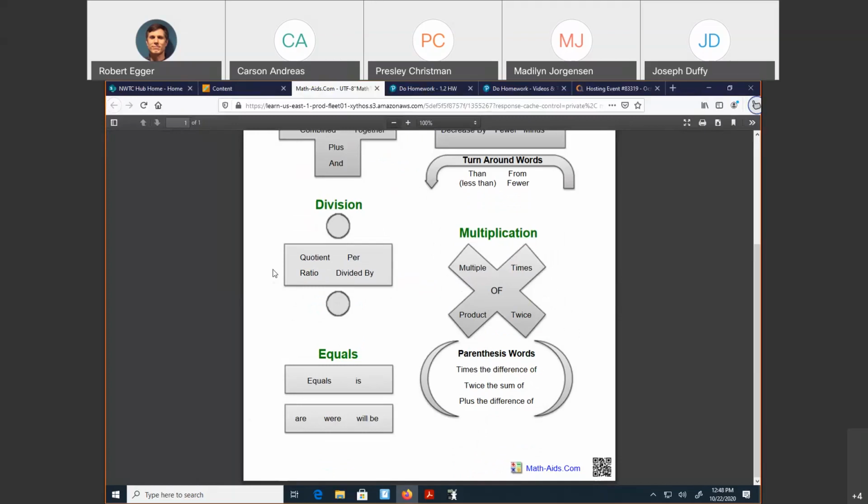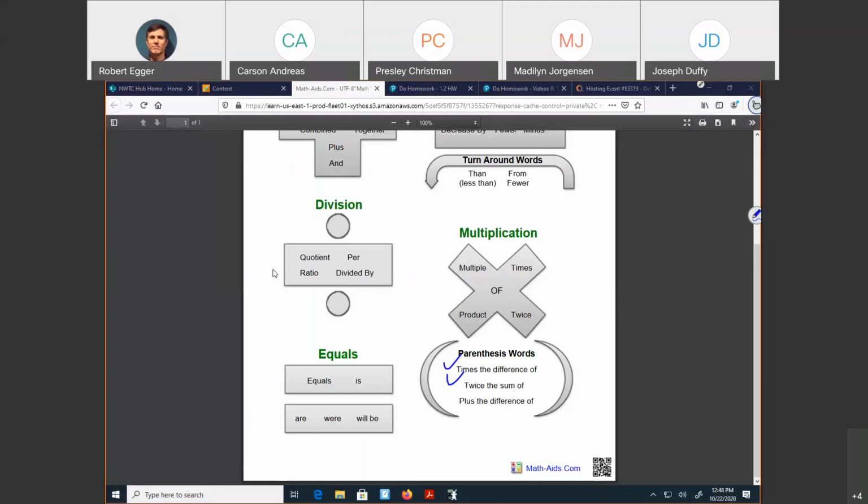Notice in each case, it's boom, boom. Operation, no numbers, no variables, times the difference. No, 2 times, 3 times the difference. So I'm going to multiply. For these two here, it's going to be multiplication.